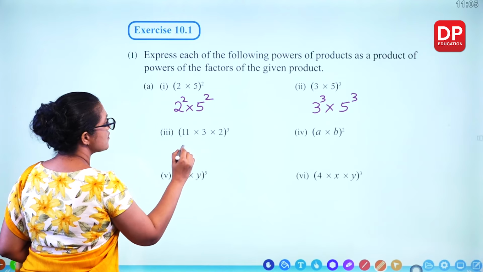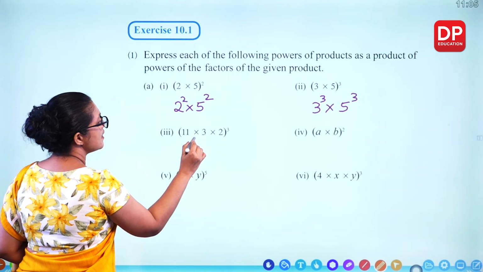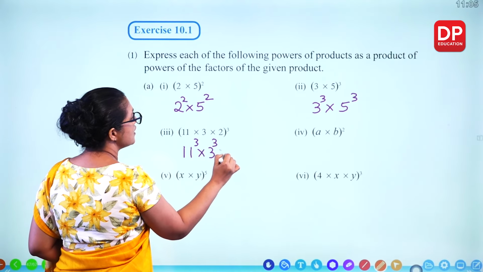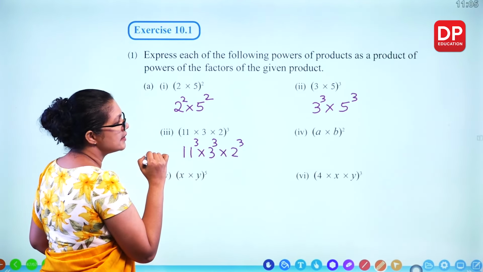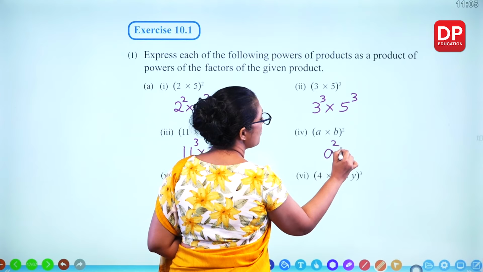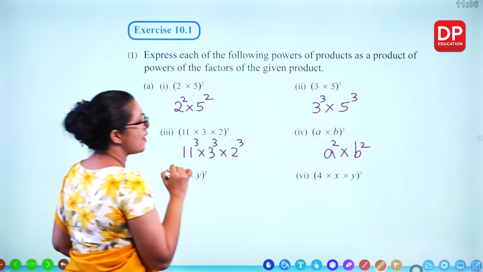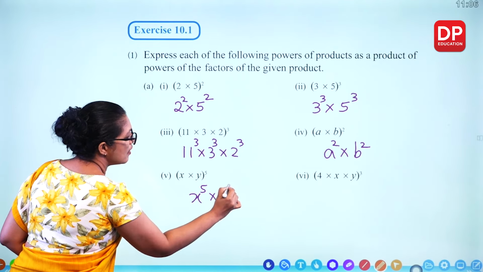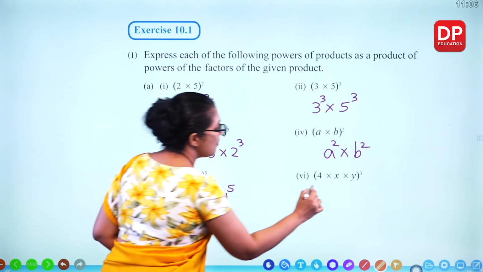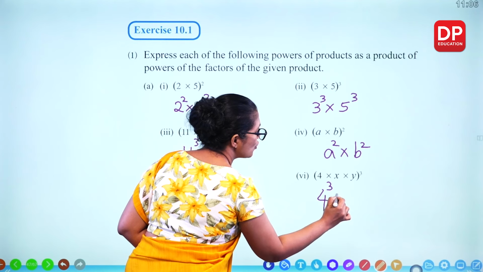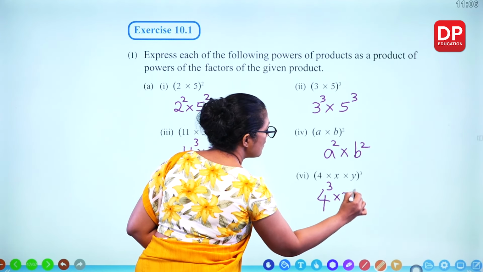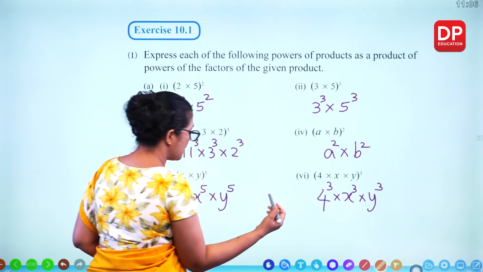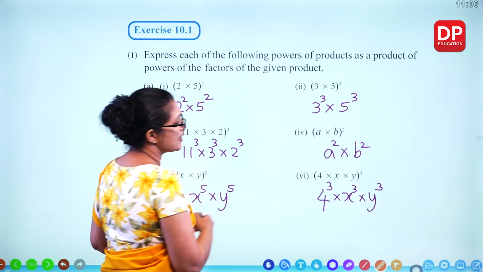This one, you have to consider all numbers inside with the power 3. 11 to the power 3, 3 to the power 3 and 2 to the power 3. This one, a squared and b squared. Here, consider power 5. This one, power 3. 4 to the power 3, x to the power 3 and y to the power 3. So without multiplication also you can write.